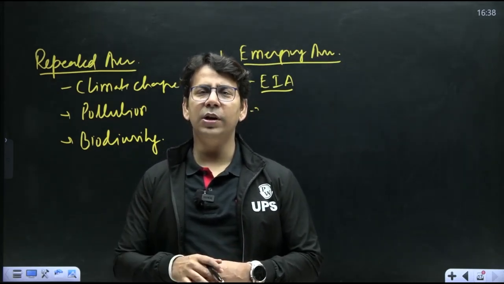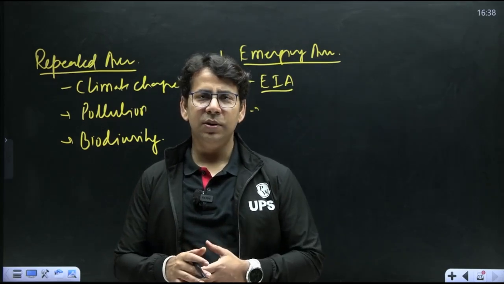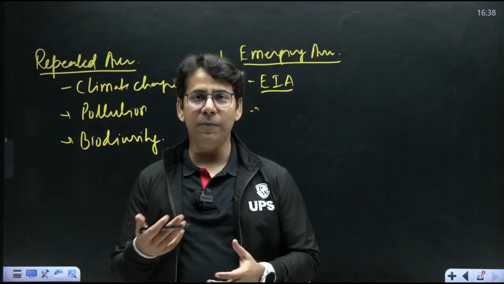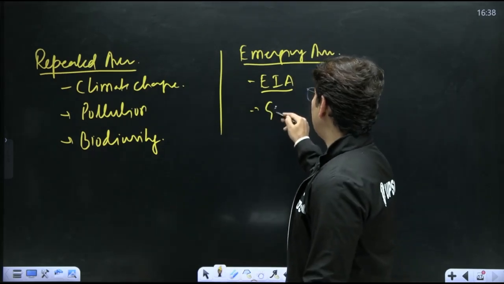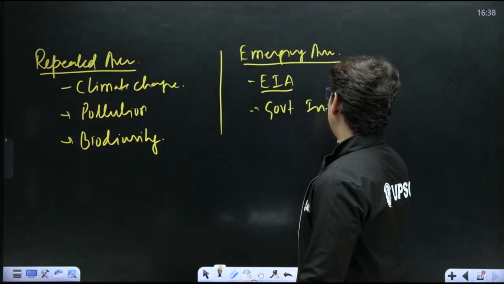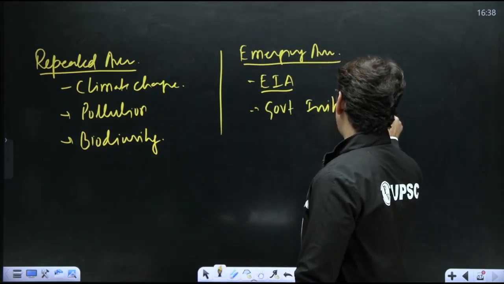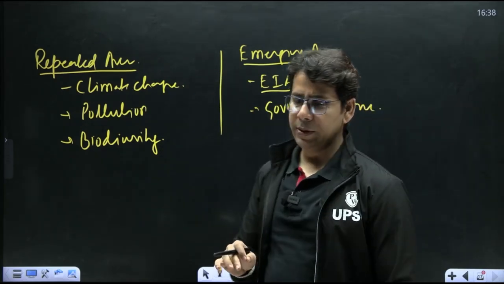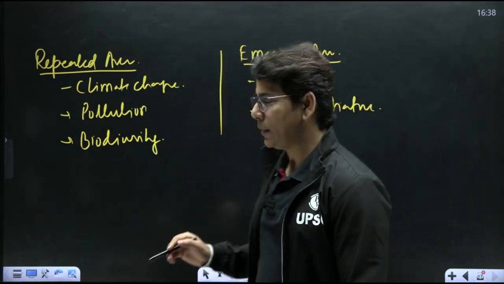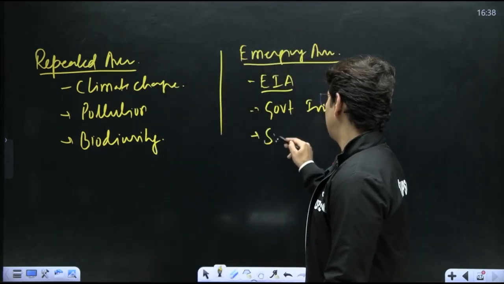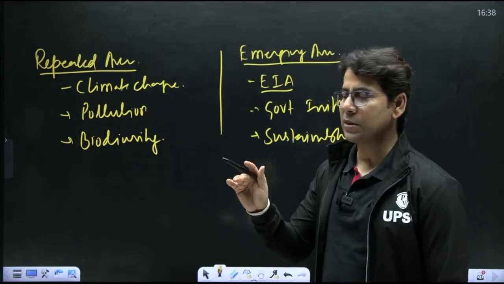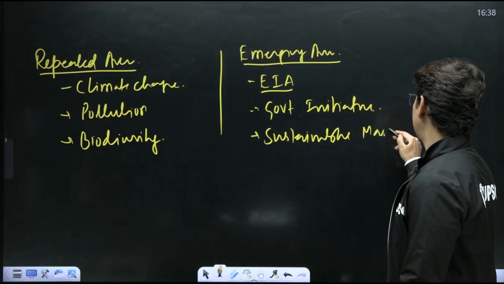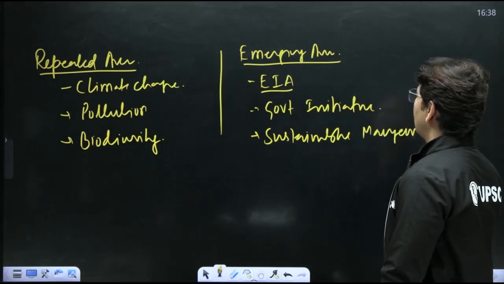Local people are not included, their voices are not reaching. So all kinds of things are there. NGOs are basically involved. Any new government initiative to conserve the environment, and anything which is linked with sustainable management, those are the emerging areas.